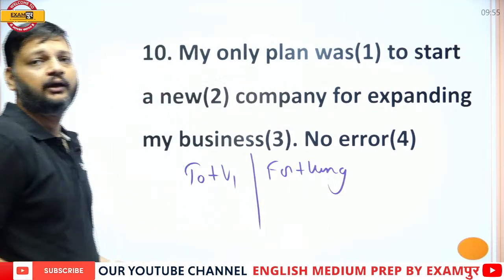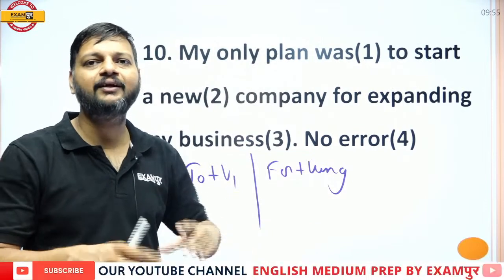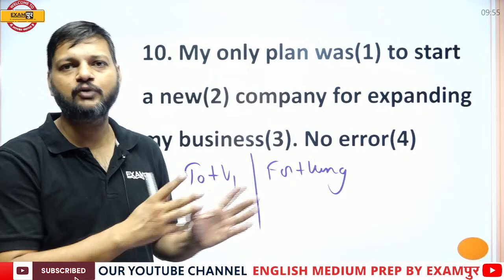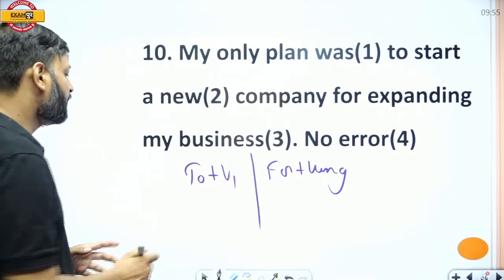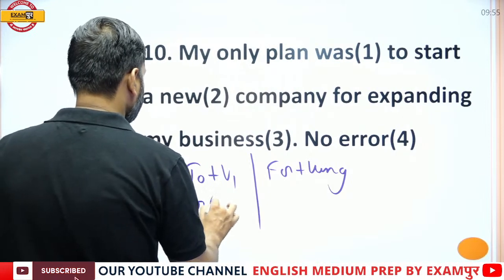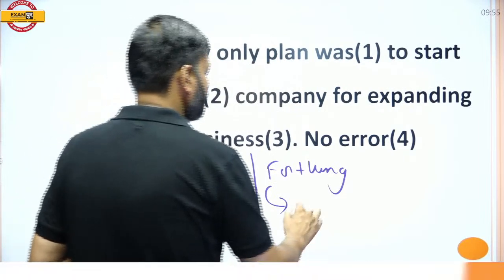Students often use these two expressions interchangeably, but there is a slight difference between these two expressions. To plus V1 expresses your purpose, whereas for plus gerund expresses your reason.